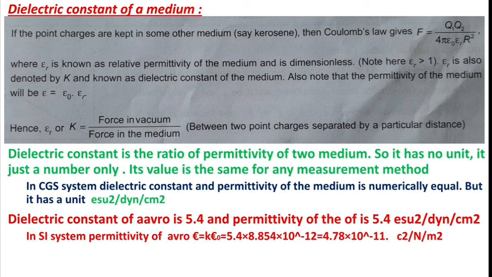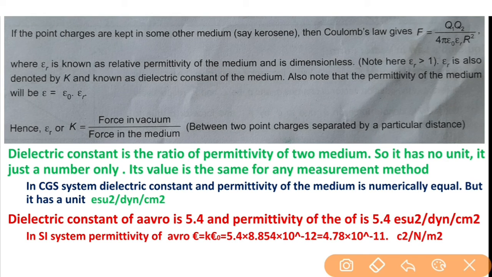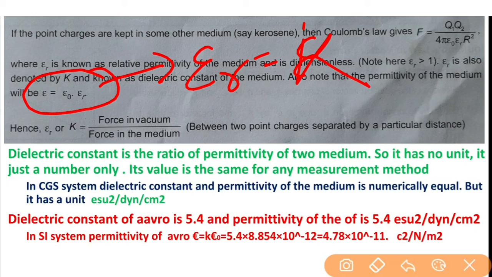From here we can see that epsilon equals epsilon 0 into epsilon r, where epsilon r equals k, the dielectric constant, also called relative permittivity.